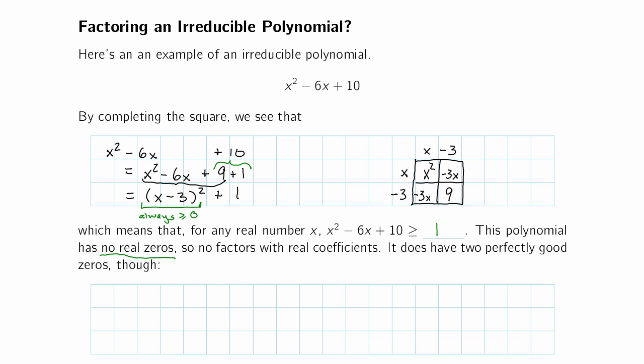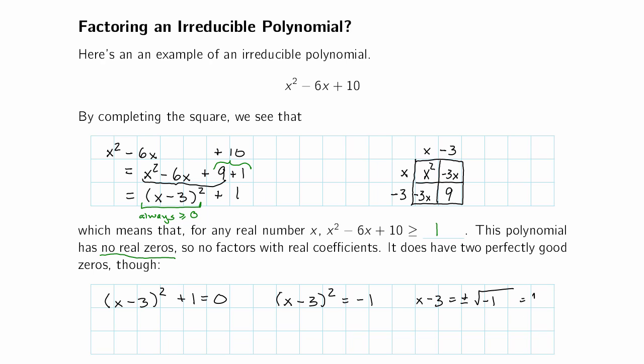It does have two perfectly good zeros, though. We'll set that equal to 0. Since I already completed the square, I'm going to use that to solve this, right? If x minus 3 squared plus 1 is 0, that means x minus 3 squared must be negative 1. So x minus 3 has to be one of the square roots of negative 1.